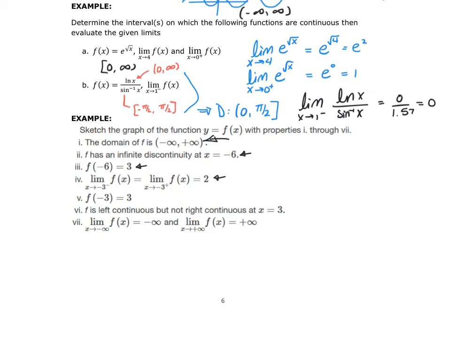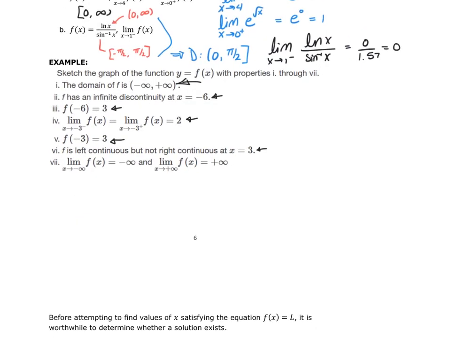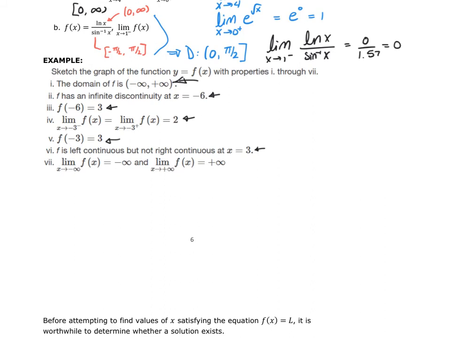At f of -3, though, it is 3. F is left continuous but not right continuous at 3. The limit as x approaches -infinity of f of x is -infinity, and the limit as x approaches positive infinity is positive infinity. So let's go ahead and start graphing all that we know.